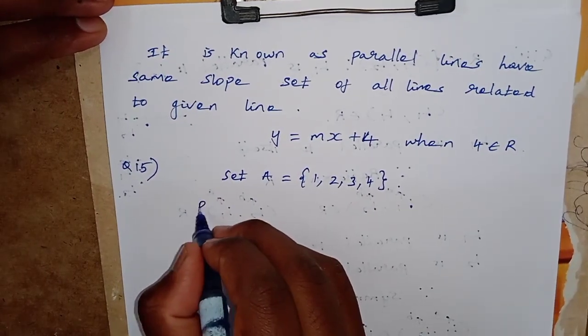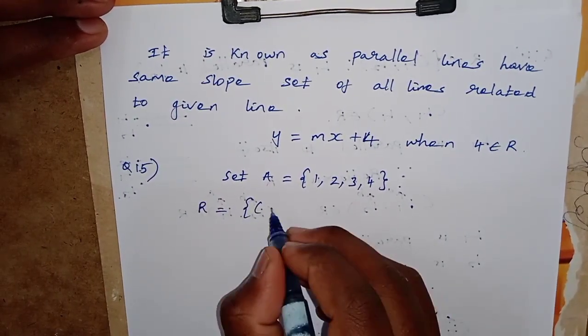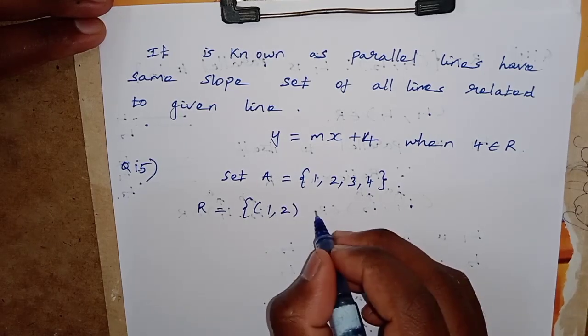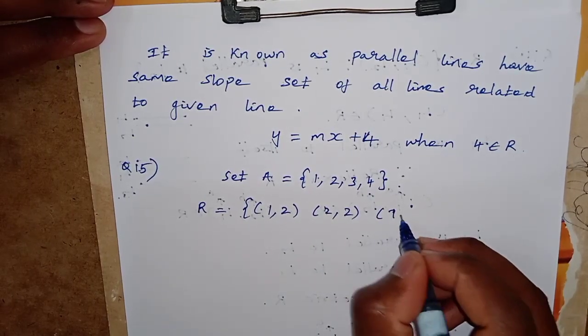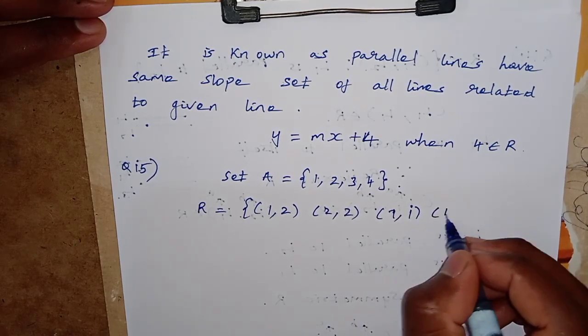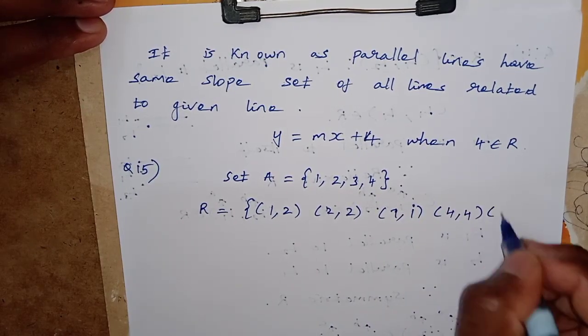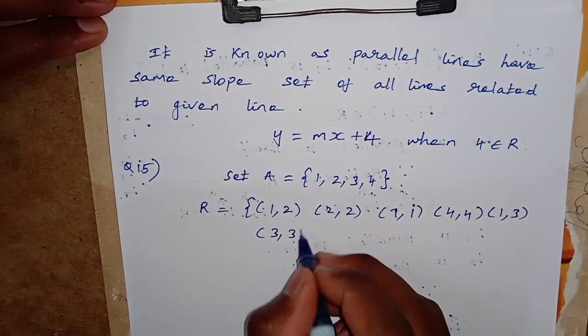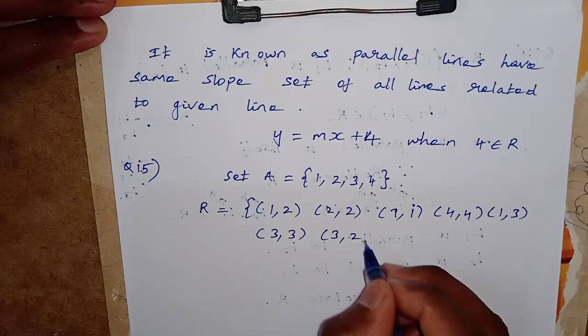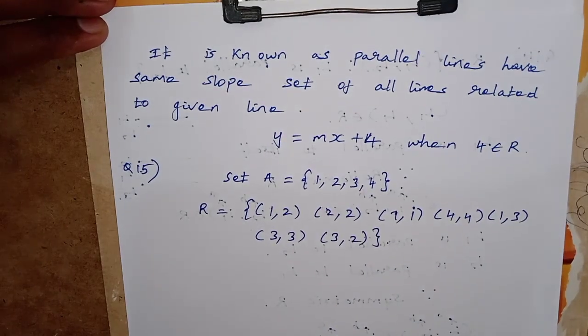Therefore relation R equal to (1,2), (2,2), (1,1), (4,4), (1,3), (3,3), (3,2). This is the given ordered pair.